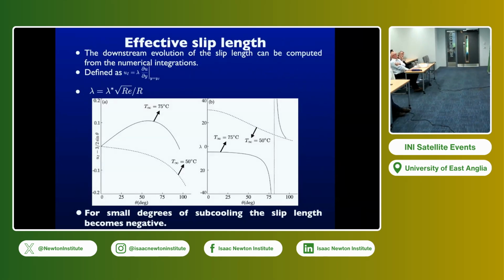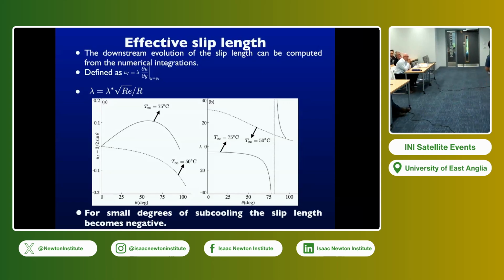So, as I said before, one of the explanations presented in the literature was that there is a slip velocity at the interface that can be computed employing a constant slip length.